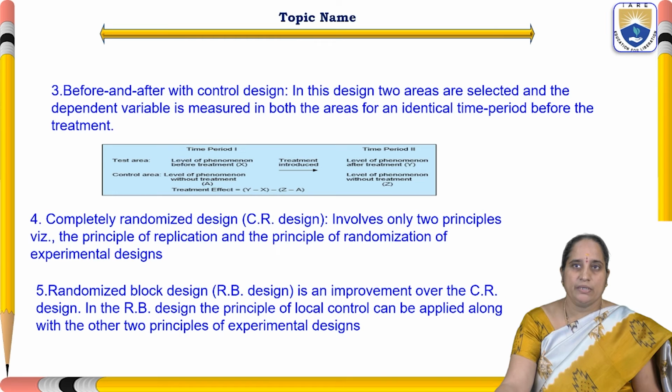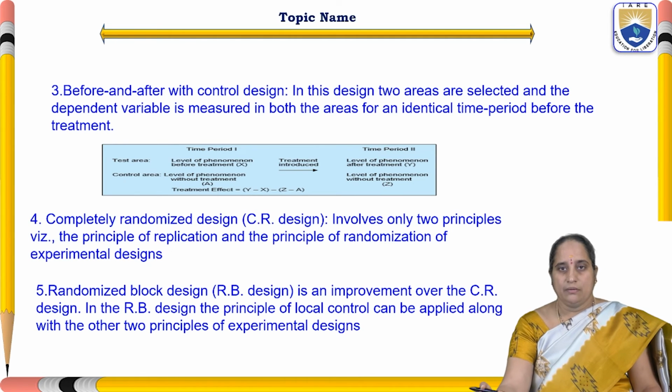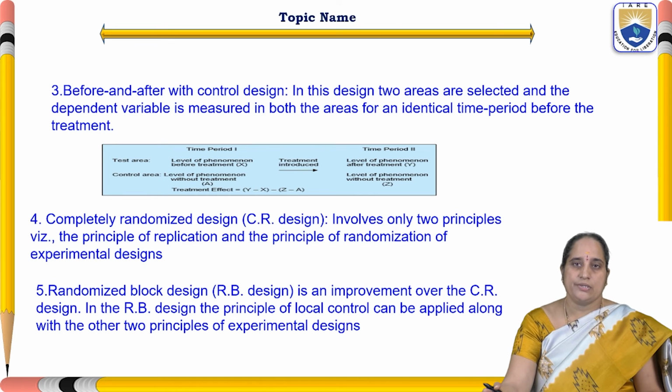It is the difference between the level of phenomena after treatment Y minus the level of phenomena before treatment X. Here, if you observe, we have taken these two from the test area. If you just want to measure the effect, how the performance will be before and after treatment, that should be considered under the test area.